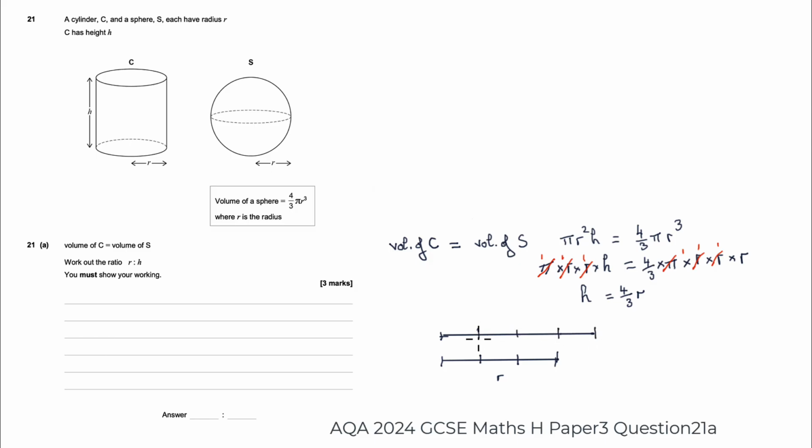So there's your original length of the radius plus 1/3 of that. That line represents the length of the height. So the ratio of r to h, 3 parts to 4 parts. R to h has a ratio 3 to 4.